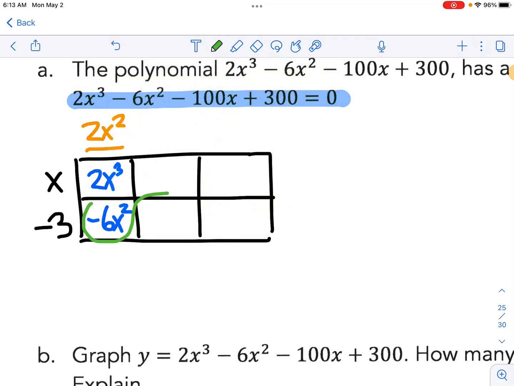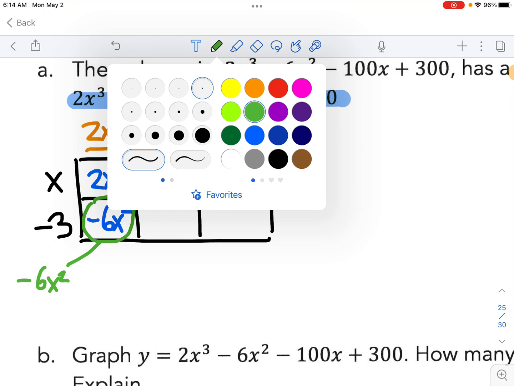And we know that this lower box and its diagonal make up like terms, and ironically, they have to add to negative 6x squared. Very interesting. So what that means is that we need a 0x squared here. We don't need anything because we already have what we need. That's kind of cool.